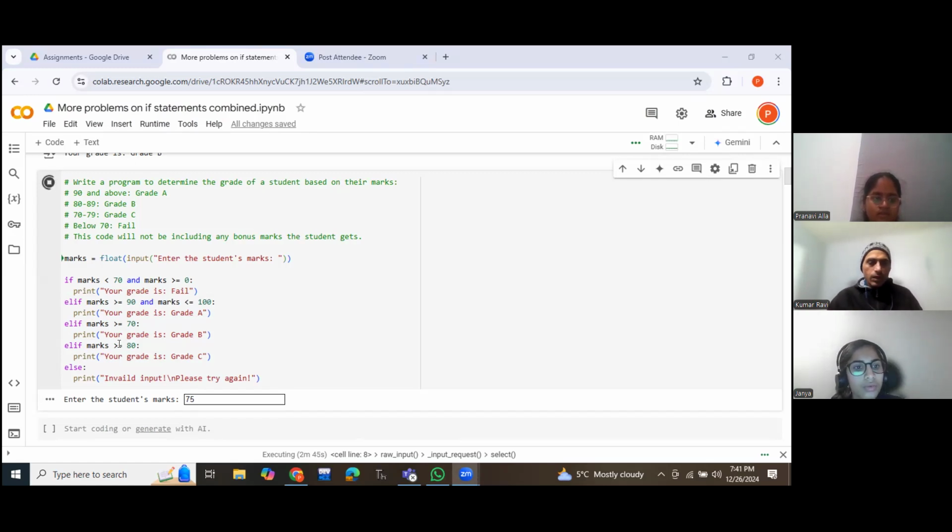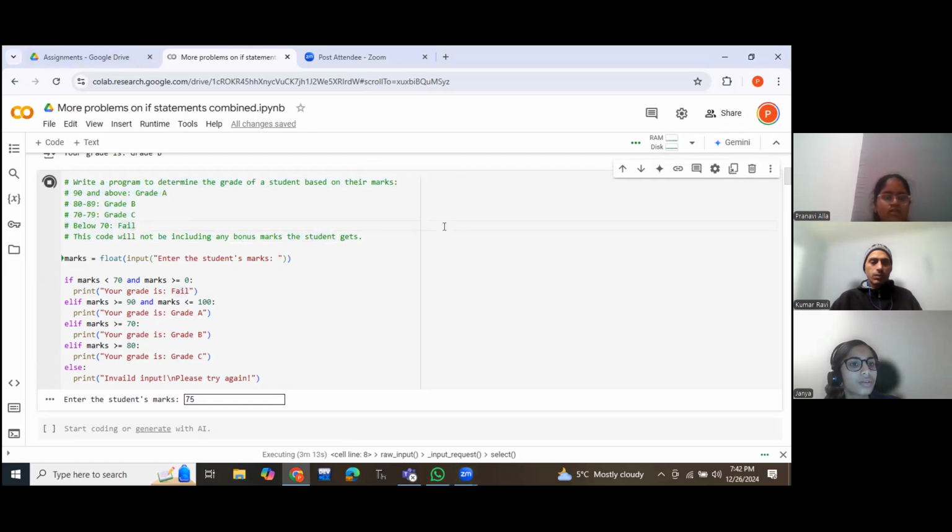So you tell me now we have input 75. Based on the question in the green part, if you have 75, what grade should you have? We should have B. How? Because marks is greater or equal to 70. Check in the question green section.